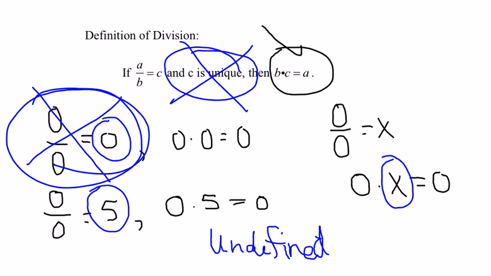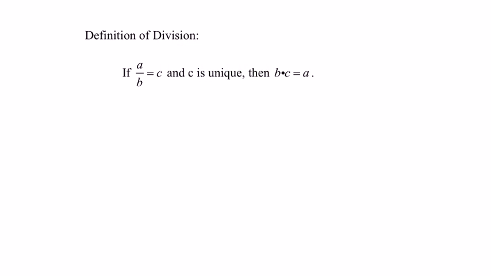Make sure that when you're faced with something of this nature, where you're dividing by 0, you don't put an actual number down or a variable down. Just say that it equals undefined. So, in summary, we can say that 0 over 1 equals 0.